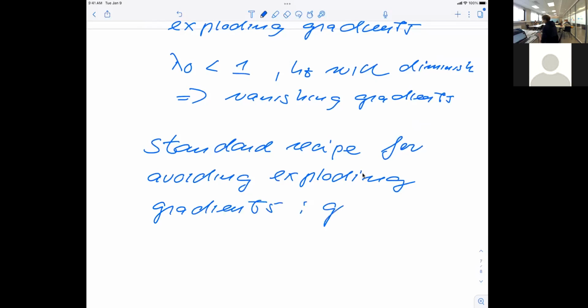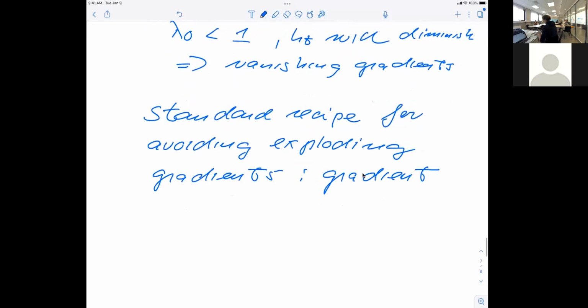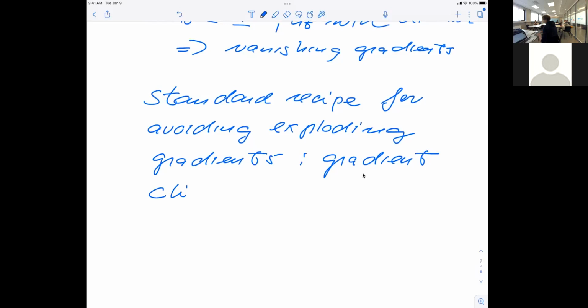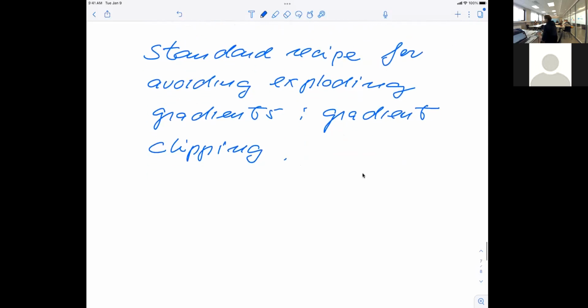That's normally called gradient clipping, and some of you may have heard of that. And the way you would do that here is simply to say the following.